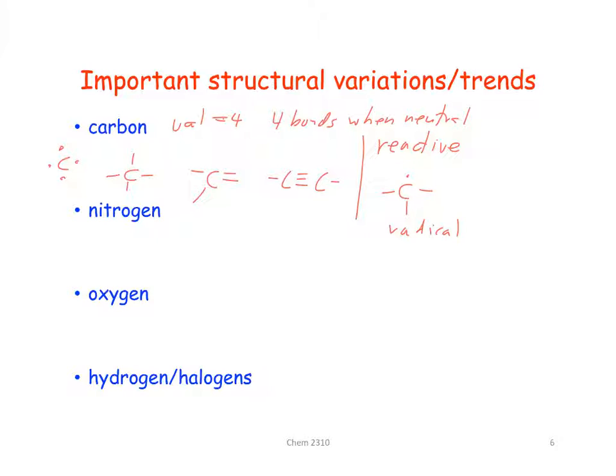Or we could have a carbon that has 3 bonds and no other electrons, or a carbon with 3 bonds and a pair of electrons. So these are the 3 possibilities if we don't have a 4th bond. We could go through and calculate the formal charge of each one of these. If we did that, the radical would end up being neutral.